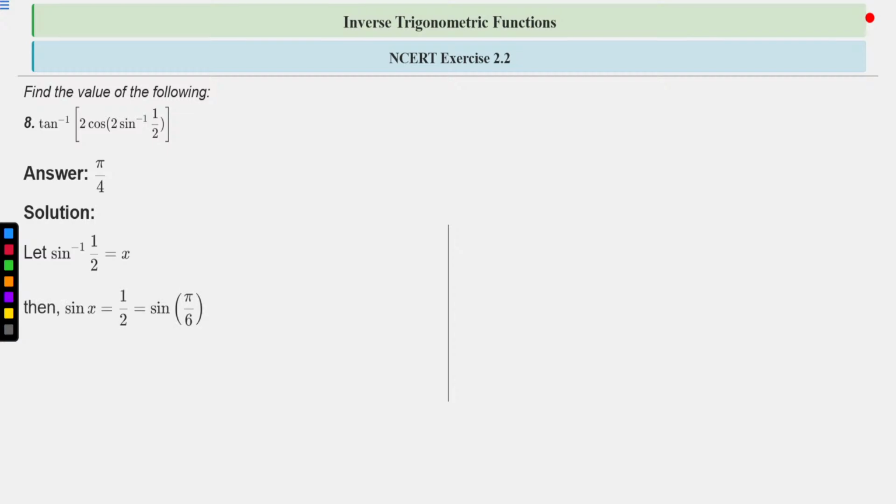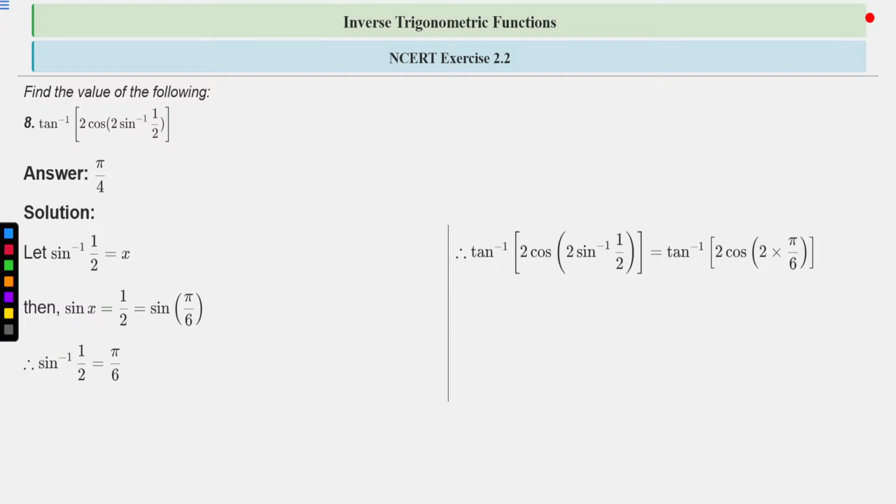Then sin x will be 1 by 2, and we know that sin of pi by 6 is 1 by 2, right?